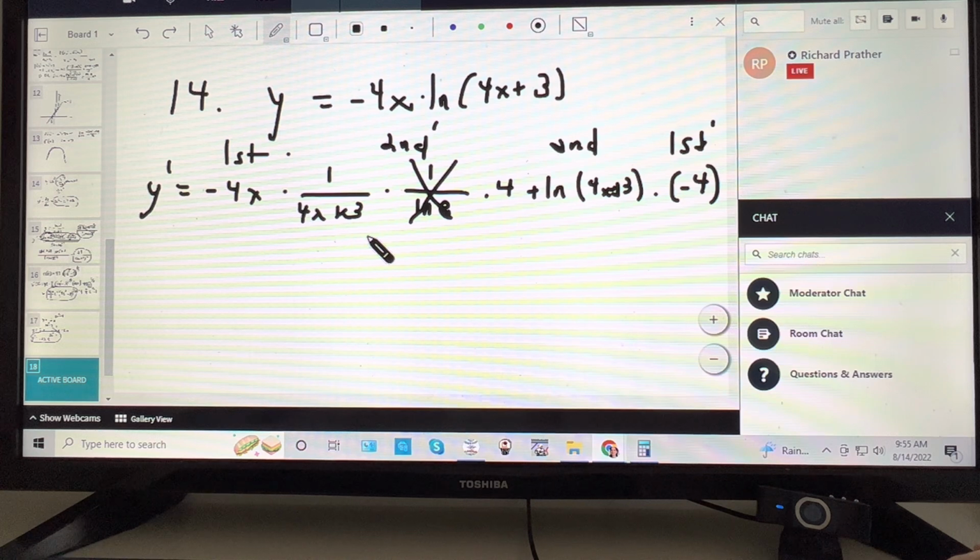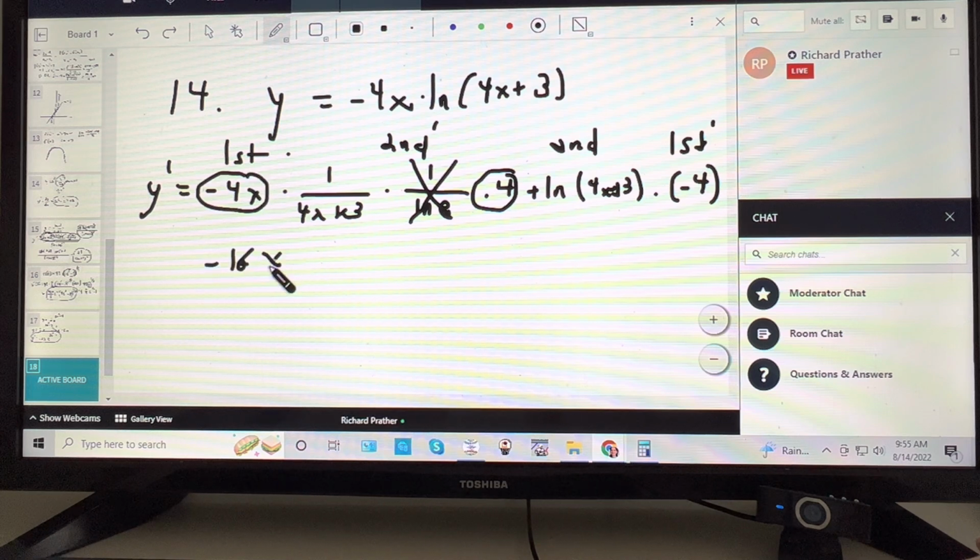So I can put this times 4 with this negative 4x. That would make negative 16x over 4x plus 3. And nothing reduces there because of the plus. So you're just kind of stuck with that. Plus, or I can actually put minus 4, slide that in front of the ln.